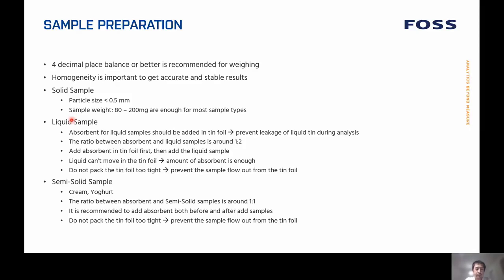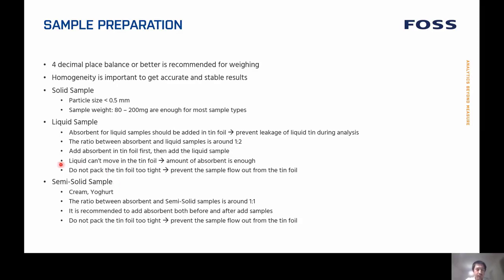And for liquid samples, we provide absorbent that is used to trap the liquid sample in the tin foil. This can prevent leakage of the liquid during the analysis. We have a recommendation for the ratio between the absorbent and liquid sample, that is 1:2. So for example, if you have 200 milligrams of liquid sample, you must weigh 100 milligrams of absorbent in the tin foil.